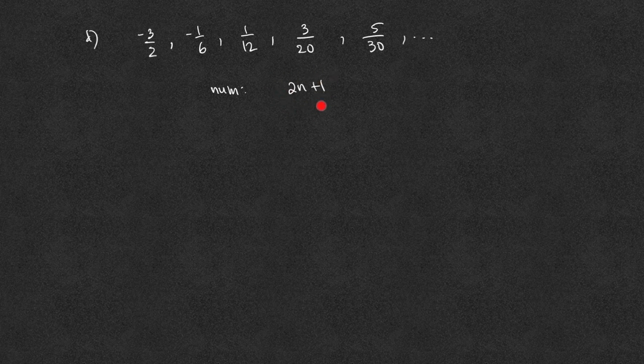We can shift n to the right by 3 units so that we can start with negative 3, and to do that, we simply replace n with n minus 3. This is 2n minus 6 plus 1 or 2n minus 5, and we can check this. If we start with n equals 1, then 2 times 1 is 2, 2 minus 5 is negative 3 in the numerator.